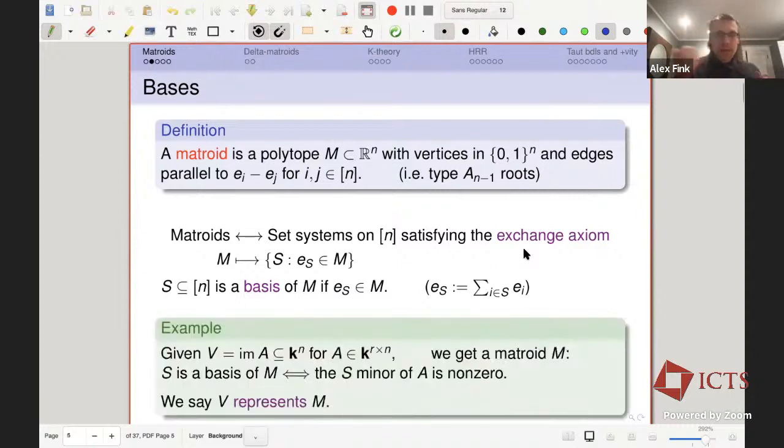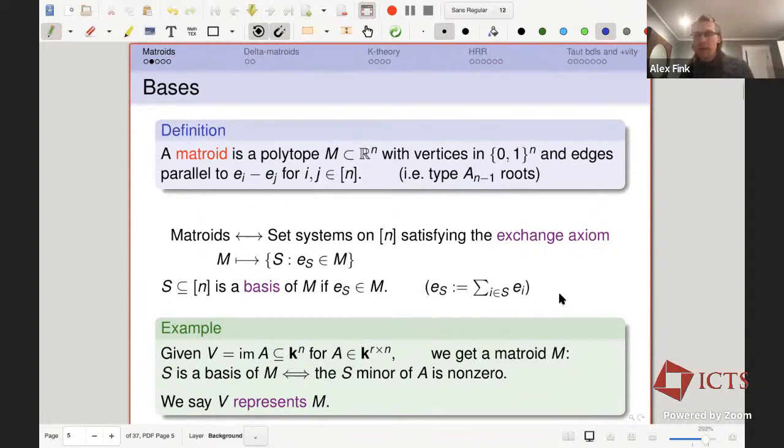So in terms of bases, we can say what the matroid is that belongs to a vector space. If I've got a vector space, I represent it as an image of a matrix. And then I look at which maximal minors of that matrix are non-zero, and those are my bases. In other words, which set of the rows in my matrix are a basis.